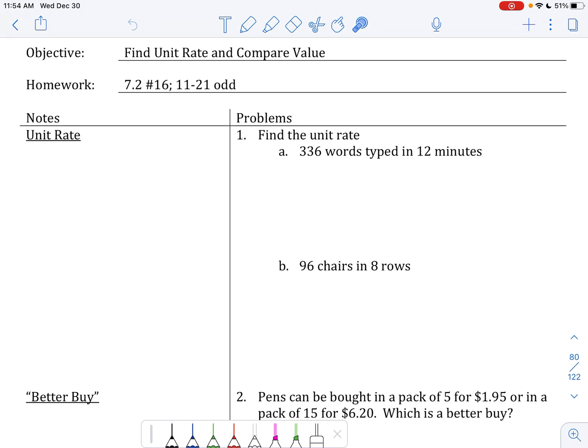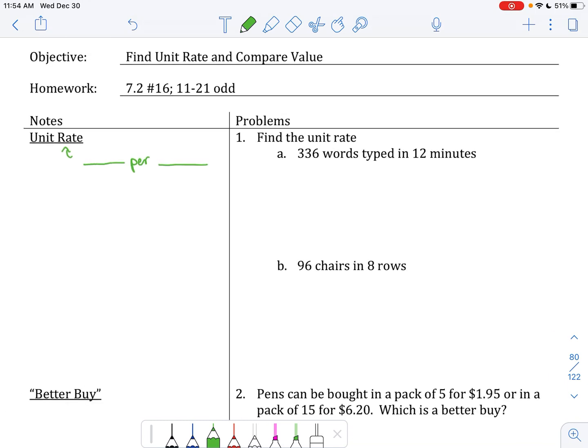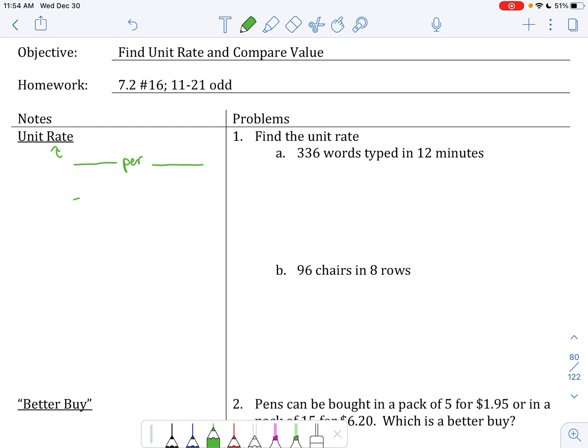So the first thing we're going to talk about is unit rate. When you're asked for a rate, that's always going to be something per blank. That's one way to write a rate. You might also see it with a division sign because unit rates like this are always expressed as fractions.